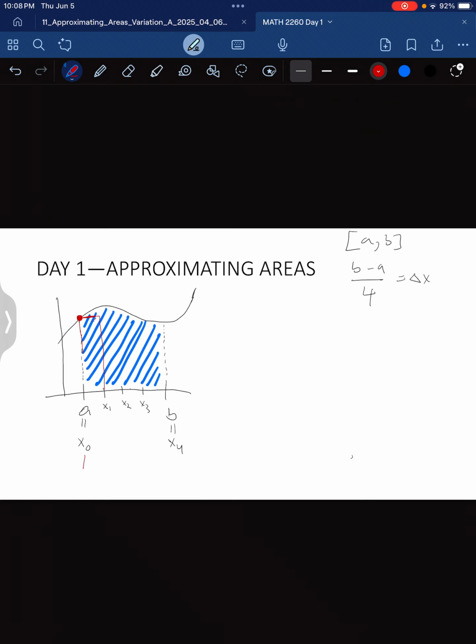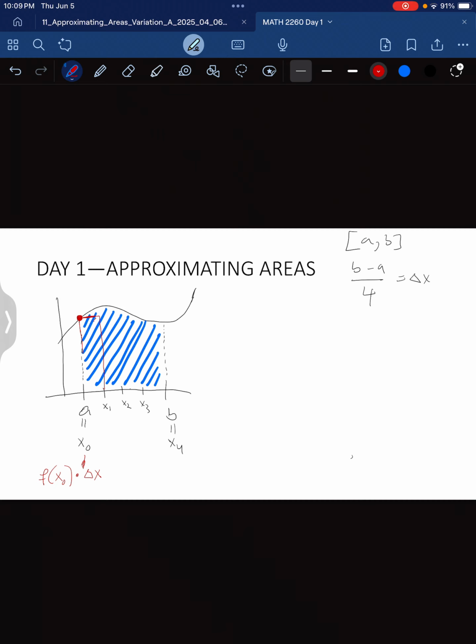So this first rectangle is height f of x sub 0, or f of a, times what? Well, it's b minus a over 4 is the width. Or to make that a little bit easier, we can just write that as delta x. Or delta x is b minus a over 4.